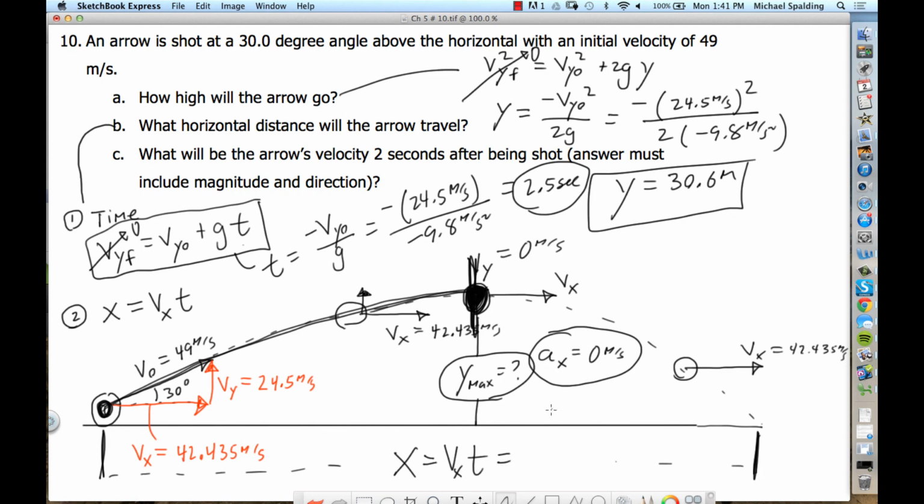Well, what's the x velocity? 42.435. The time in the air is 5 seconds. So this comes out as 212 meters, which is the answer to B. The answer to B is 212 meters. But you had to find the time first.